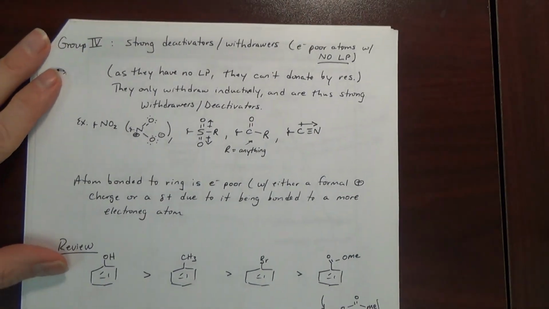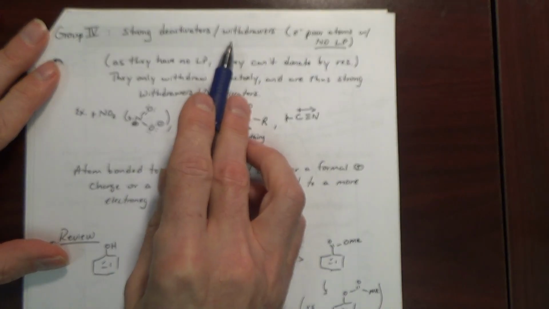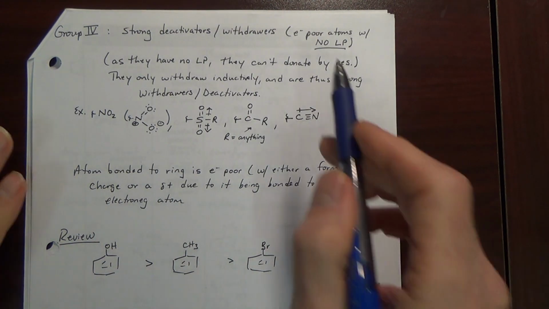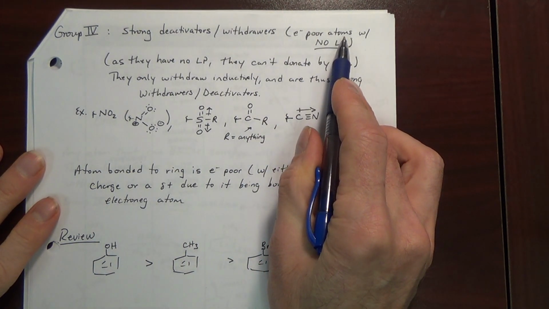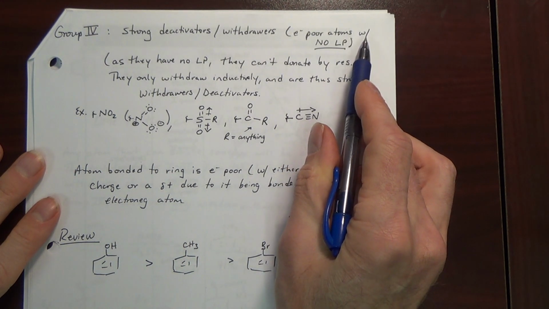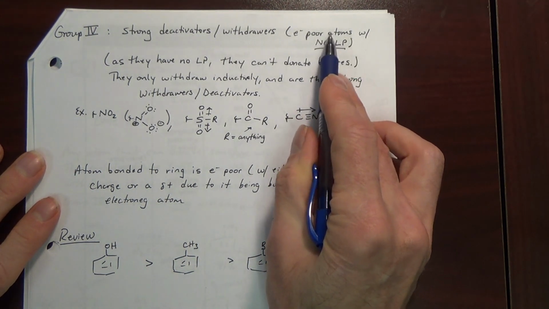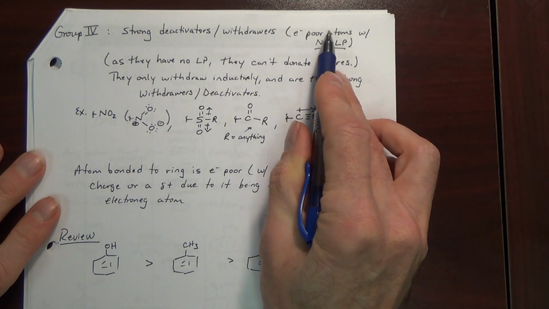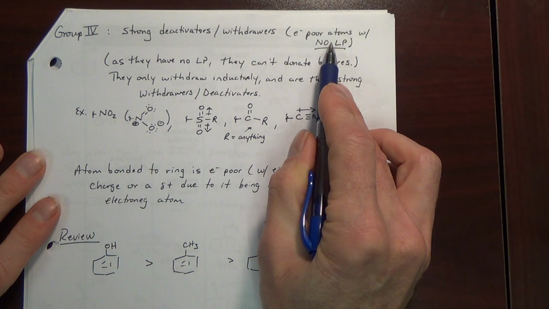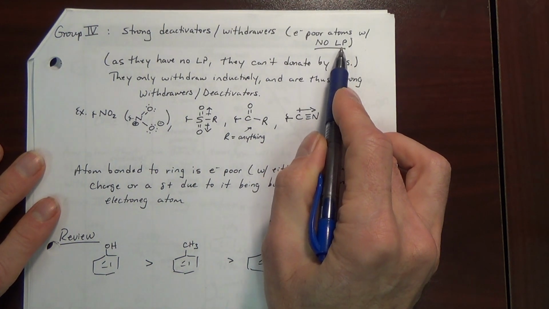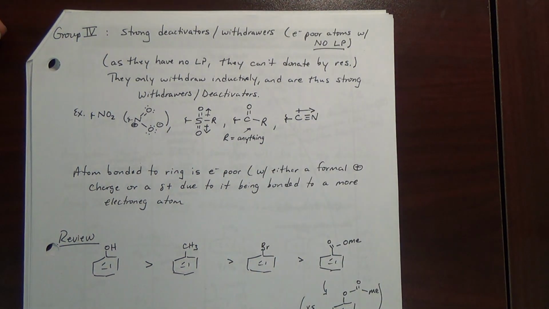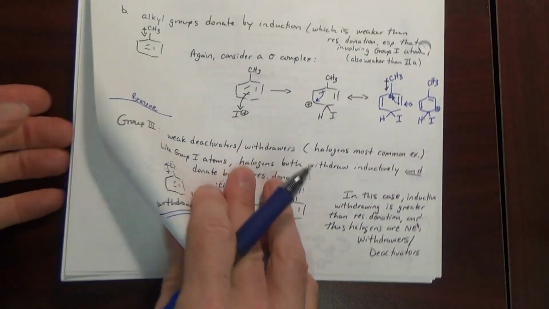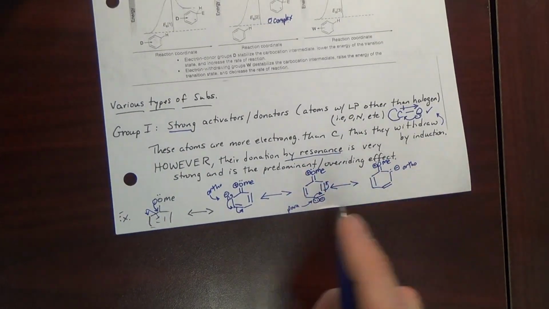Group 4, these are your strong deactivators and thus strong withdrawers. These are going to be electron-poor atoms. Okay? And we're talking about an atom bonded to the benzene ring. The atom bonded to the benzene ring is electron poor and it will have no lone pair. Because if it had a lone pair, it would either be a halogen or it would be one of these over in group 1.